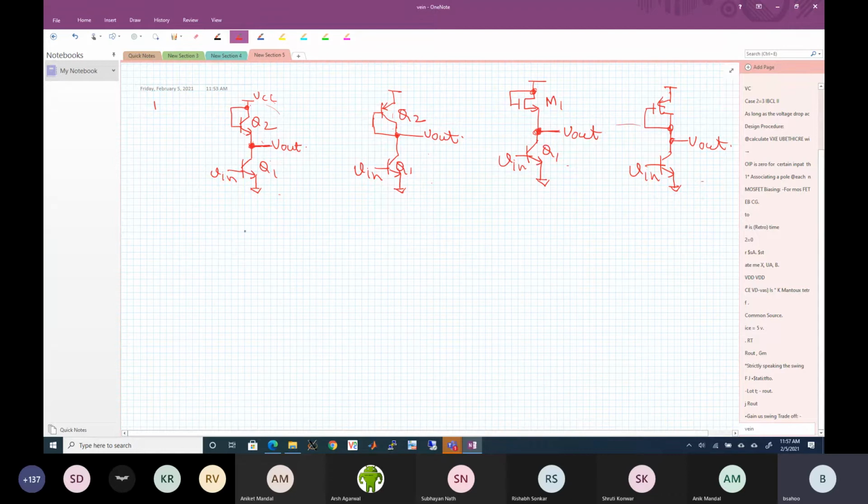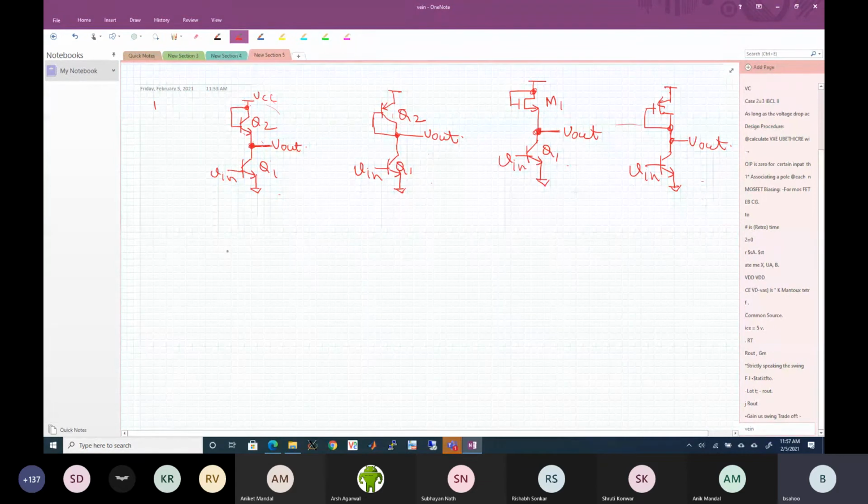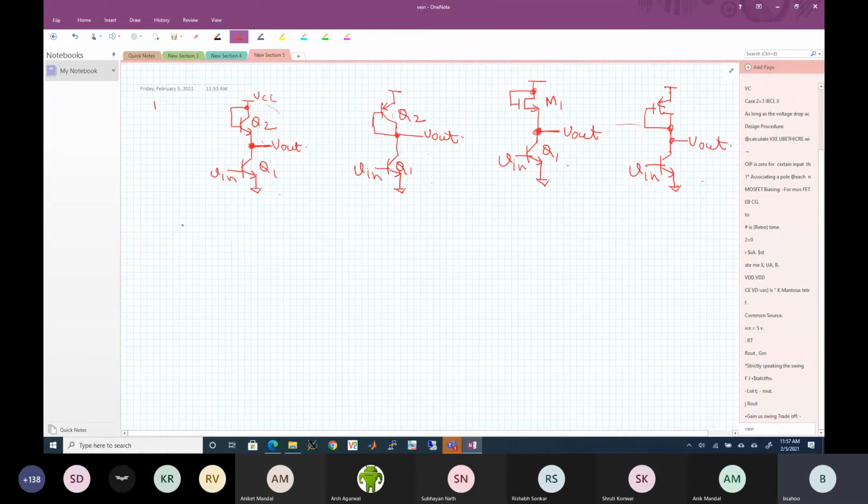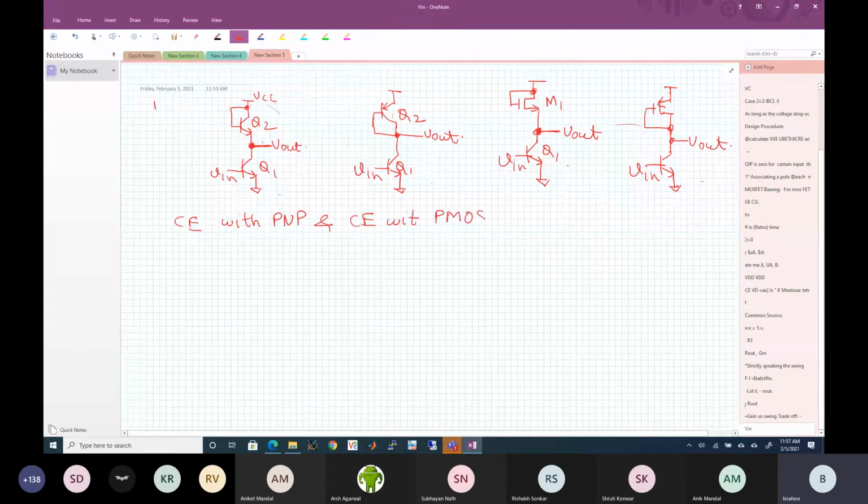Okay, so till now we have been talking of using NPN and NMOS. So now we have to draw the corresponding PMOS counterpart. So common emitter with PNP, and common source with PMOS. Okay. So what we need to do is, I want to do a PNP based thing.